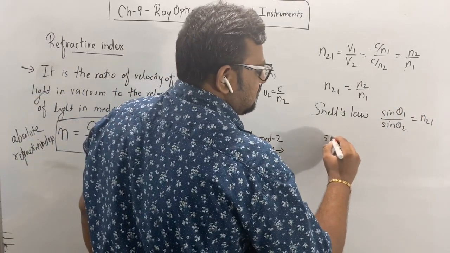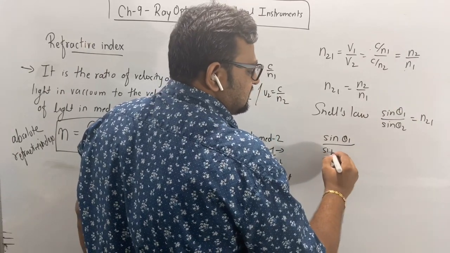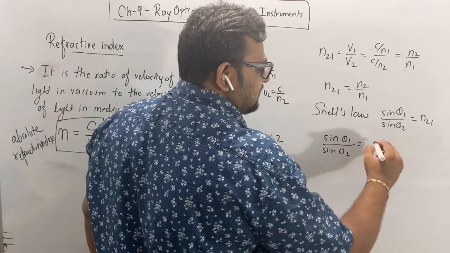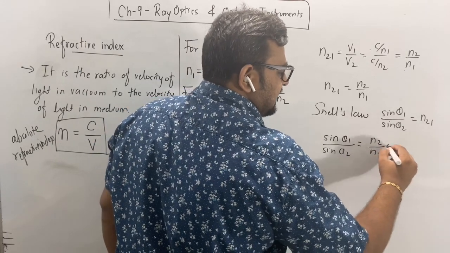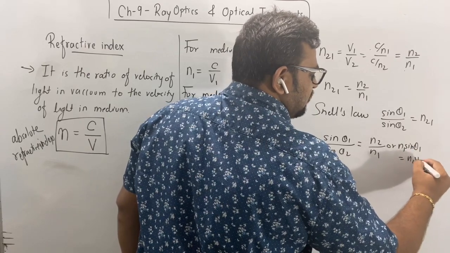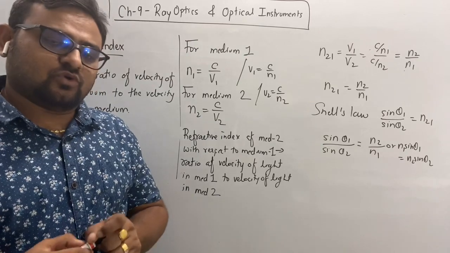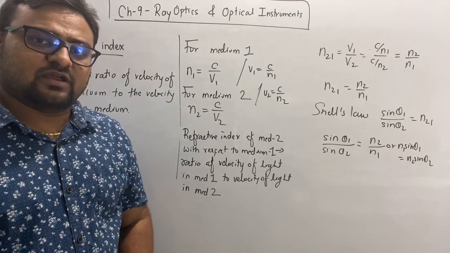Here theta 1 is the angle of incidence and theta 2 is the angle of refraction. This is N2 by N1, or N1 sin theta 1 equals N2 sin theta 2. Okay, clear?